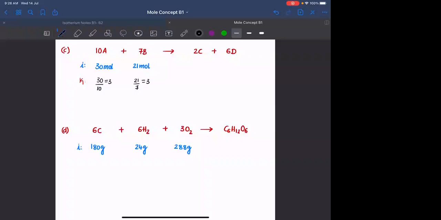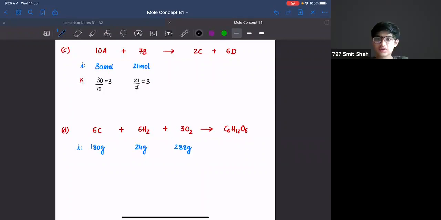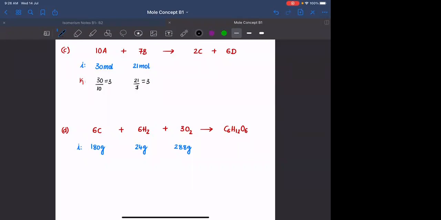What can you infer from the same values of K? It means there is no limiting reagent and excess reagent. Both got consumed fully, or they are taken in stoichiometric proportions.